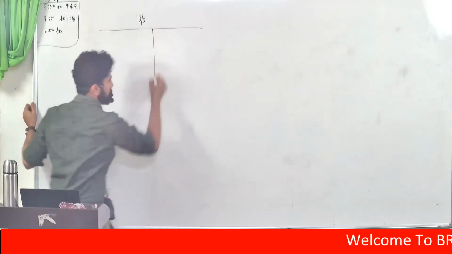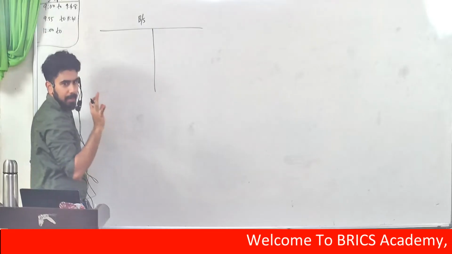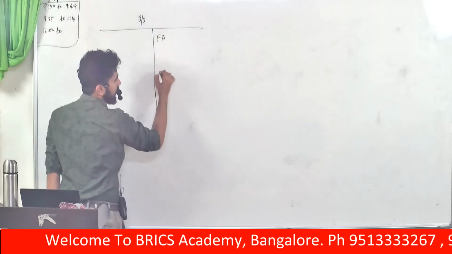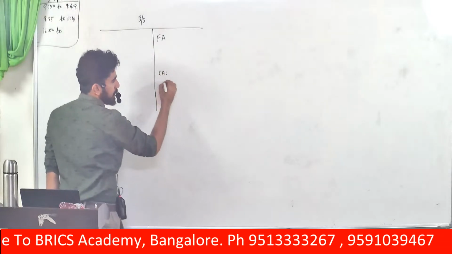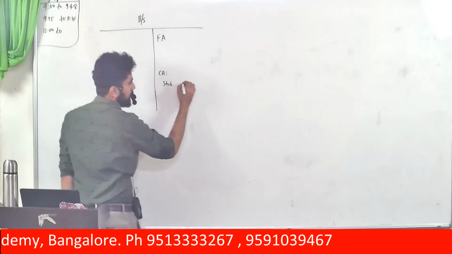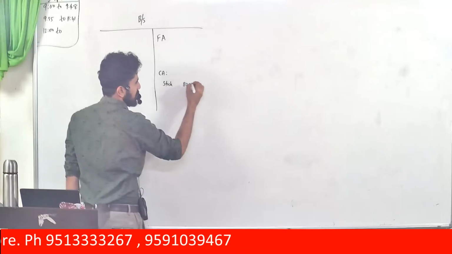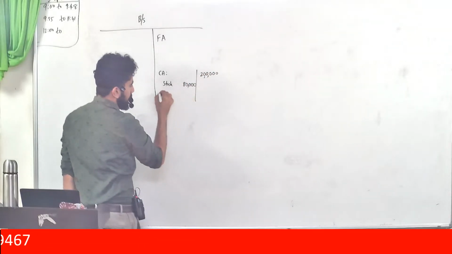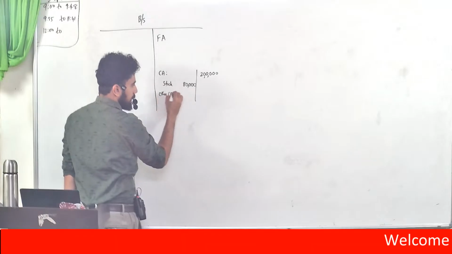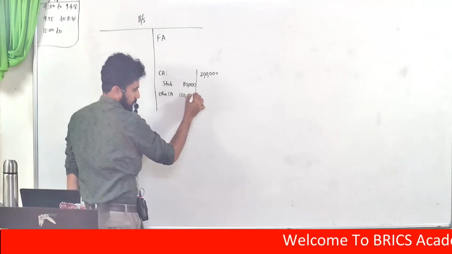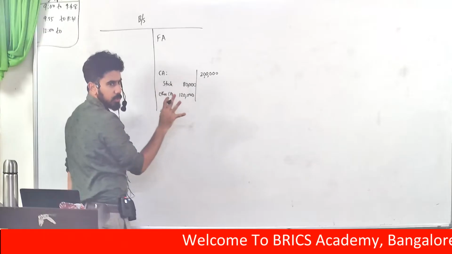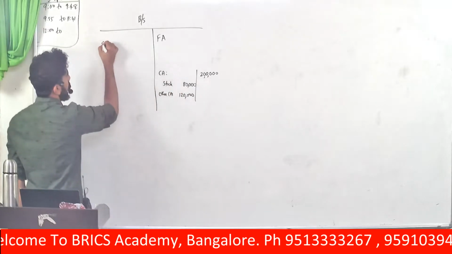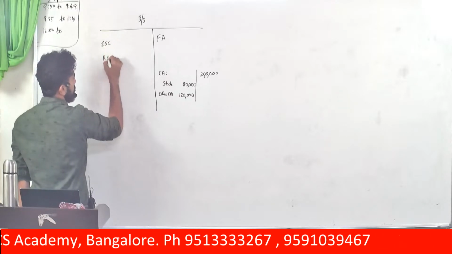Guys, let's do this together now. The current asset, current liability part, everybody is clear? So you have a fixed asset here and current assets here. In current assets, you have stock. How much is stock? 80,000. How much are the current assets? Total 2 lakh, right? So 2 lakh, one piece is 80,000. So I'll write other current assets. Because current assets are 2 lakh, these two together should make it. We don't know the component, so I'll simply write other current assets. Then equity share capital, I don't know. Then I have reserves and surplus.